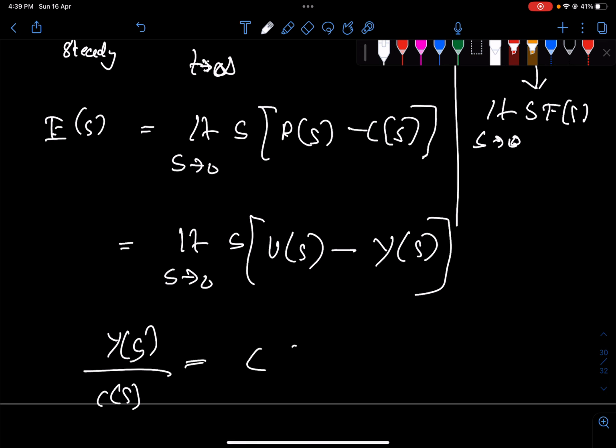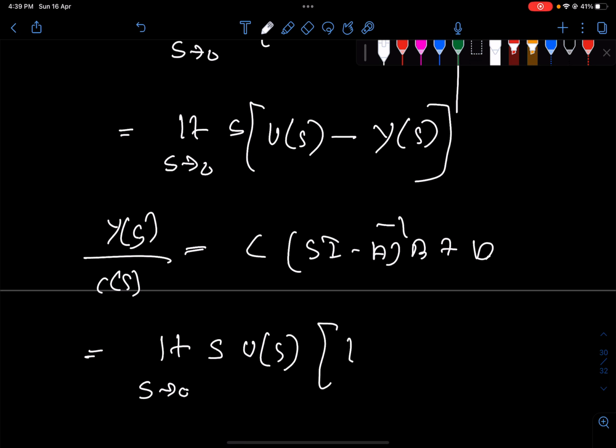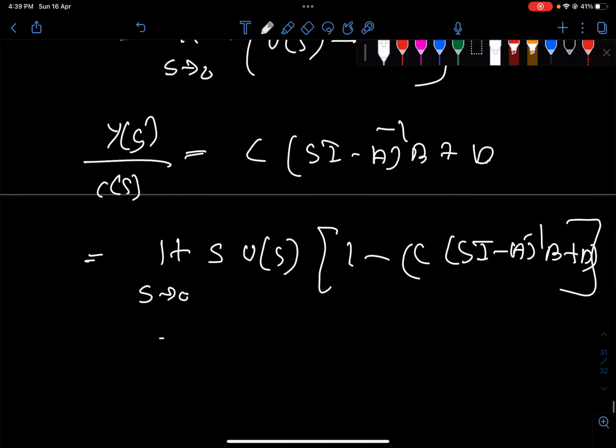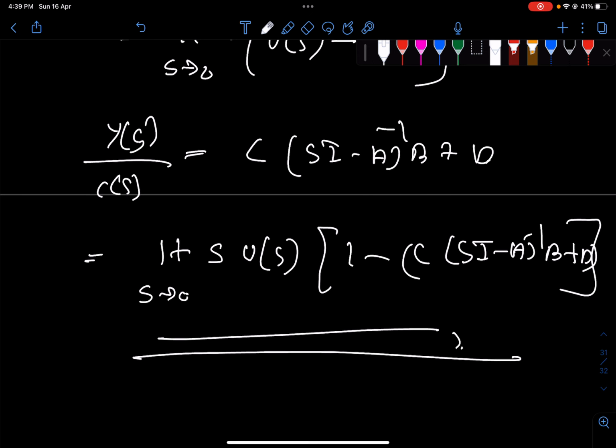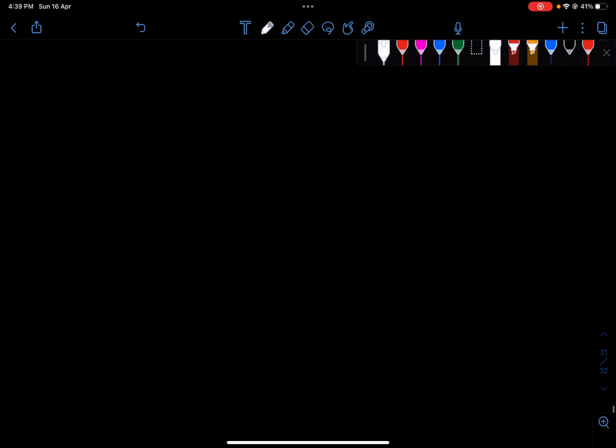That is C (sI minus A) the whole inverse B plus D. We are experts in this, right? So limit s tends to 0, s into U of s, you can take U of s outside, so that is 1 minus C (sI minus A) inverse B plus D. Applying this, you'll be able to get the steady state error. Now we'll be doing some problems. After that we will be moving to controller design using state space.